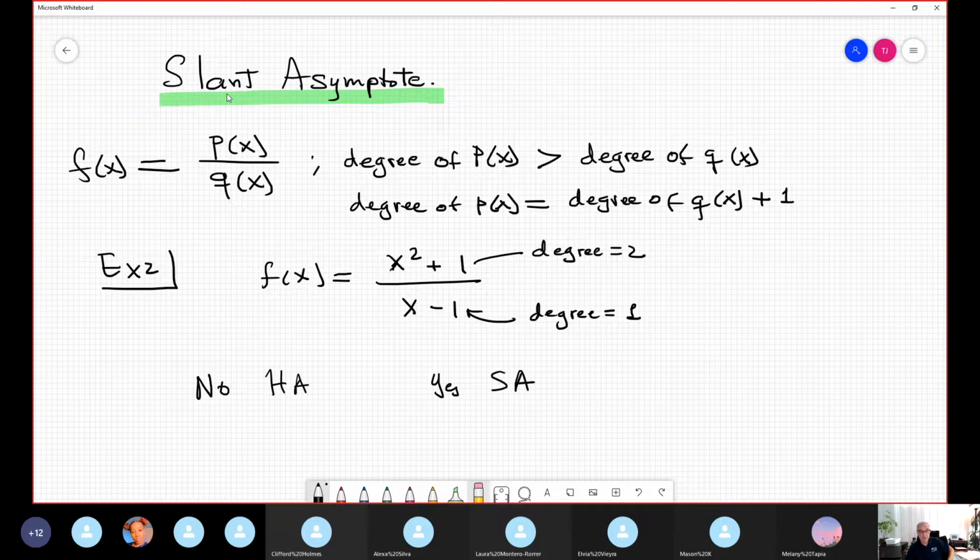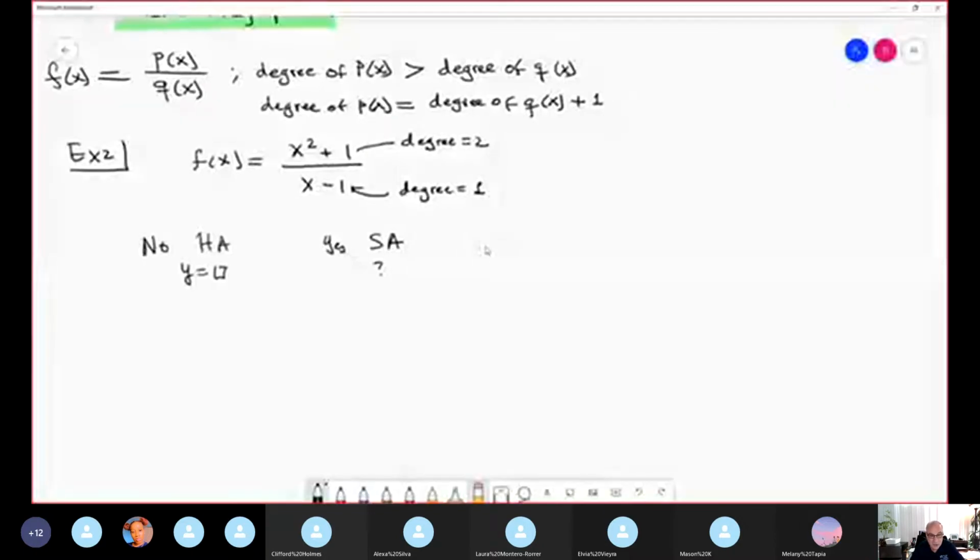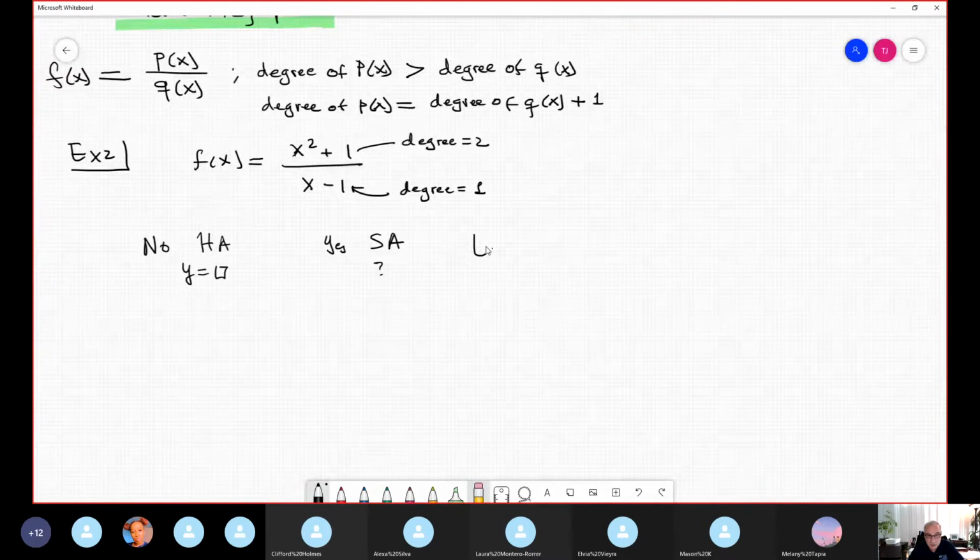But what is the formula for the slant asymptote? Because for the horizontal it's easy, it's y equals one number. But in this case, I have no idea. Finding the equation for the slant is easy. You perform the long division of that polynomial.